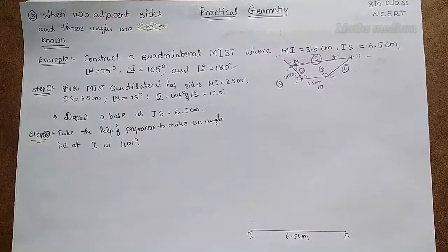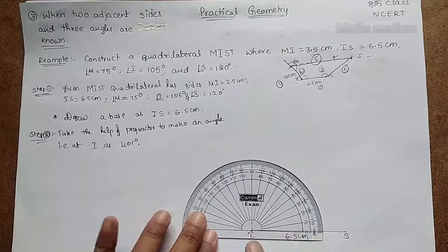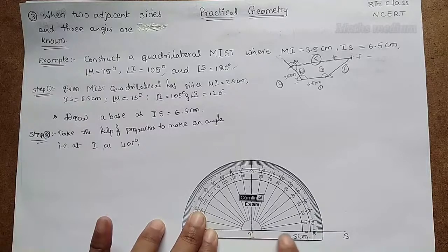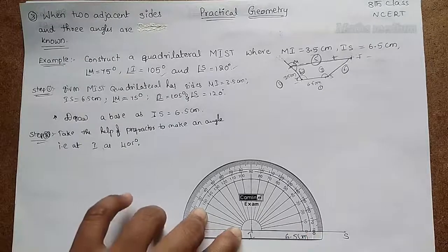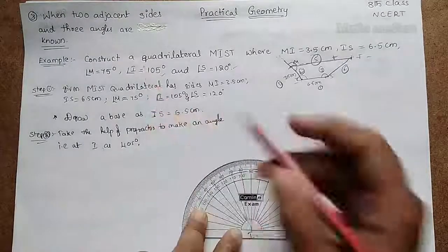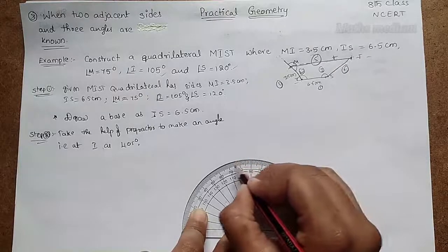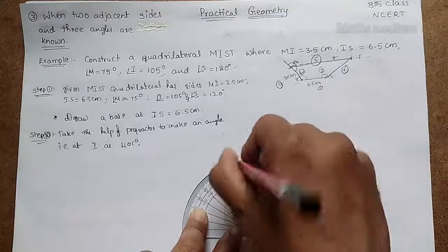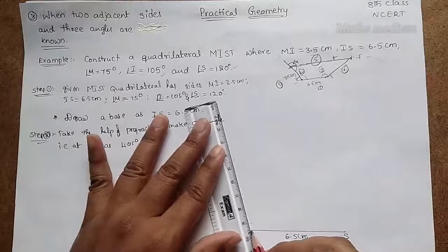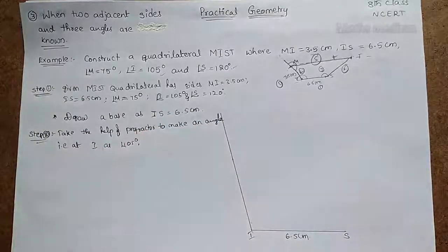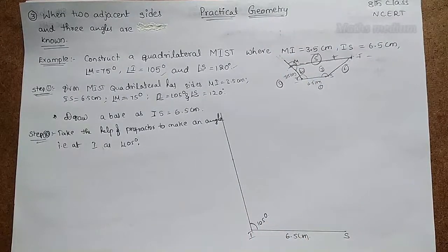Take the protractor and put the protractor middle point at the point where you have to measure the angle, and make sure that the 0 line is parallel to the original line. So this is the line and we have to measure 105 degrees. This is 90, 100, so this is 105. Draw a line connecting these 2 points. This is making an angle of 105 degrees. Okay, step 2 is over.